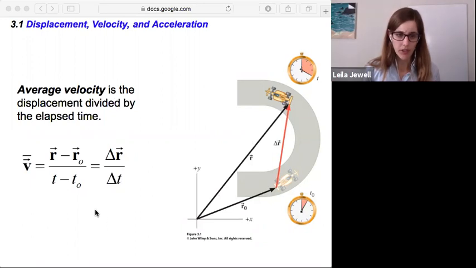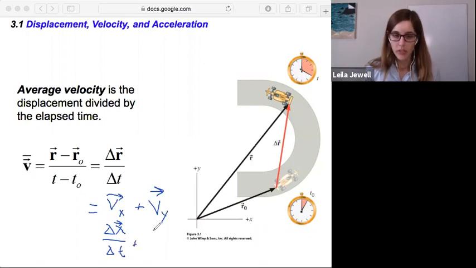We can break this down as well into a velocity in the x direction with a vector symbol, plus a velocity in the y direction on average, right? Where it would just be the change in displacement in the x direction divided by the time, delta t, plus the same thing in the y. The change in displacement in y divided by the delta t.